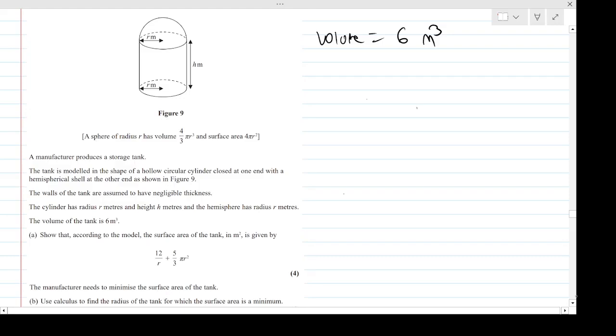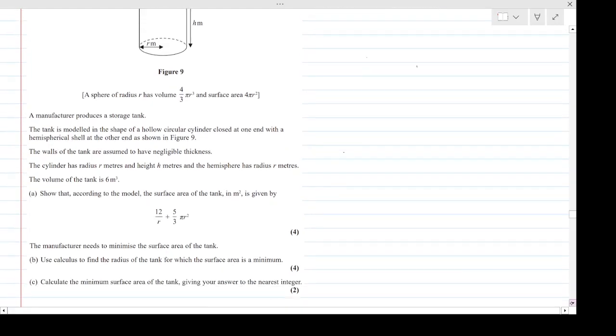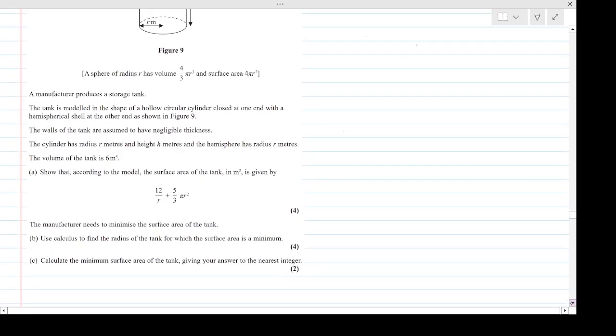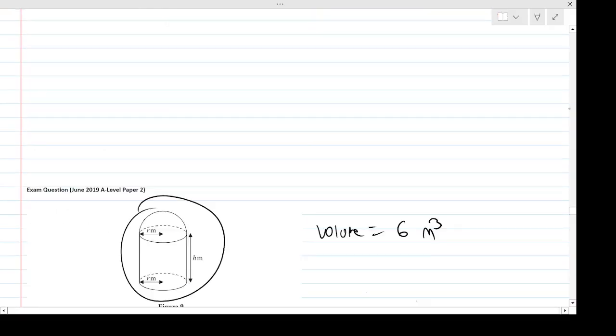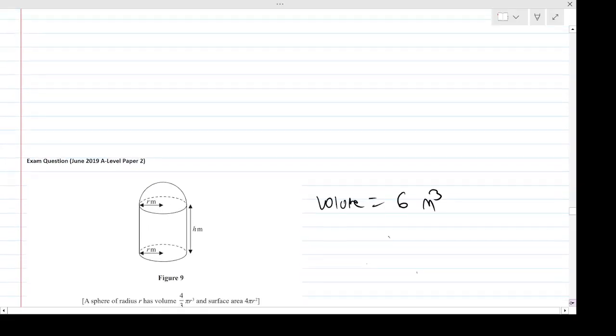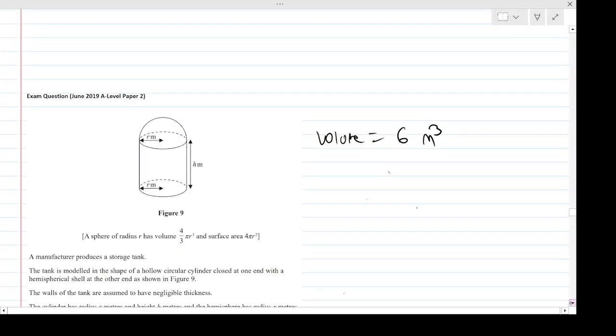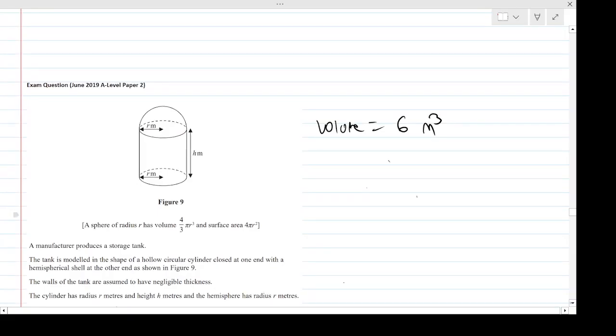So that's what we're going to consider then. The volume is 6 meters cubed, but it's asking for the surface area. I'm going to do the surface area down here then. Well, what is the surface area going to be of this tank, this shape of the cylinder and the sphere joined on top? Obviously it's all the faces that are exposed, facing outside the shape. So firstly, it's this circle base at the bottom. What's that going to be?